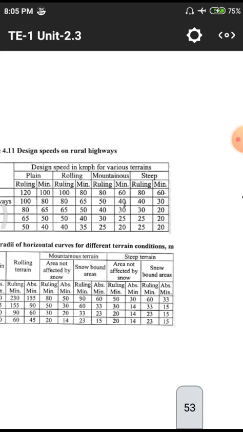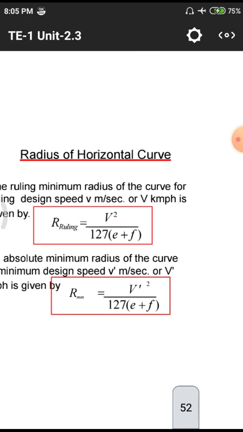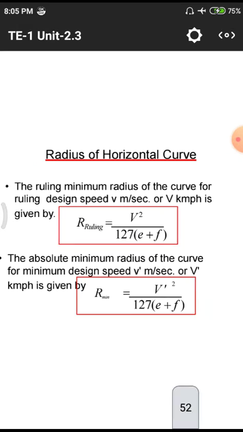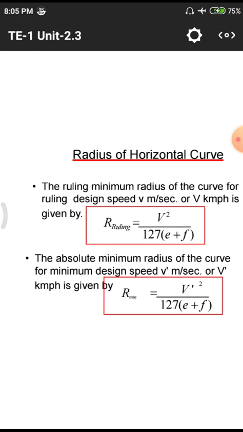R equal to, we have the formula R equal to V square by 127 (E plus F). F is the friction. Normally friction F equal to 0.15, we are taking. E also, the same as we took previously, for the maximum value of this kind, and for the minimum value we have a certain amount.